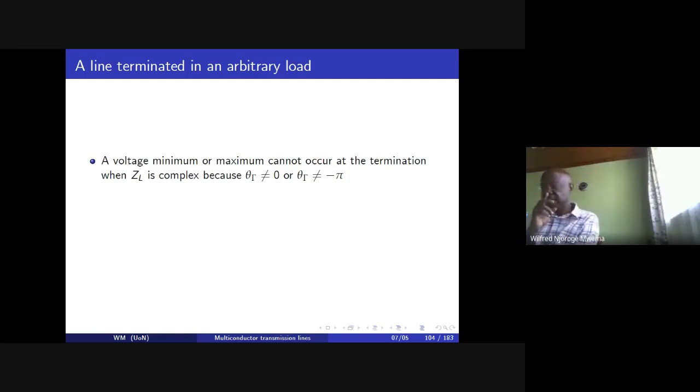Because for this particular case, whether the line is lossless or lossy, the voltage reflection coefficient is not going to be a pure real value. It's going to be a complex value. It will have a phase. That means that theta gamma cannot be 0, neither can it be exactly minus pi.